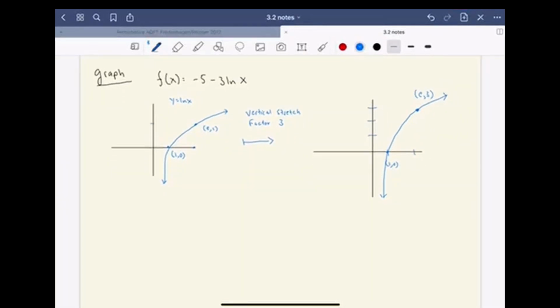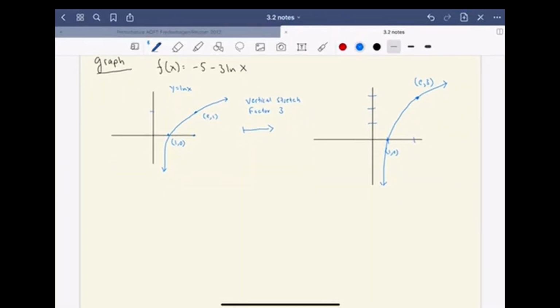Let's keep going. Now, the next thing we're going to look at: we start out with natural log of x, stretch by a factor of 3. That negative, that's a vertical flip.